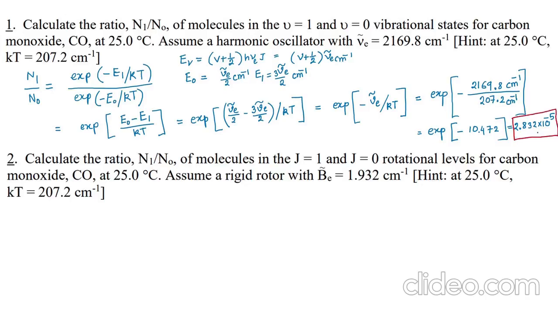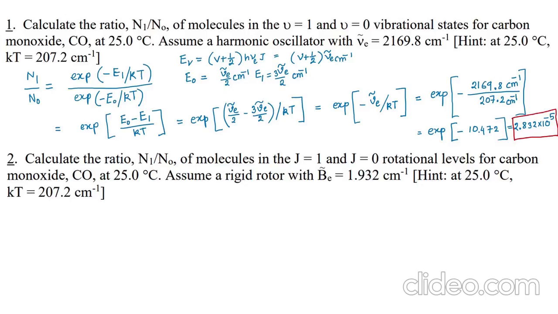See, the value is very small. So at room temperature, you can see that almost no molecules are there in n1. If there are 100 in n0, then it is below 1, which is actually 0, right?